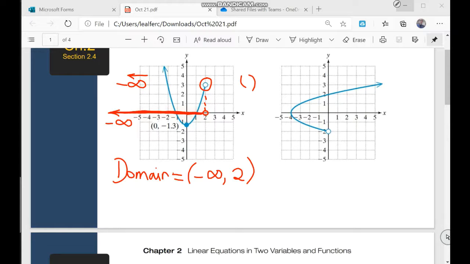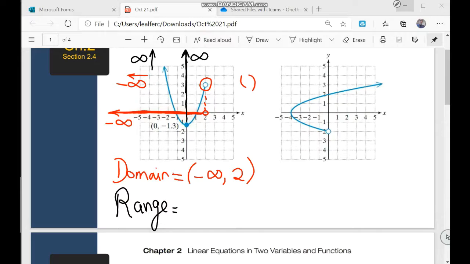Now let's find the range. This arrow means it goes up to infinity, and that means the range also goes up to infinity. And if you go down, the range stops here. There's a closed dot. Closed dot on which number?